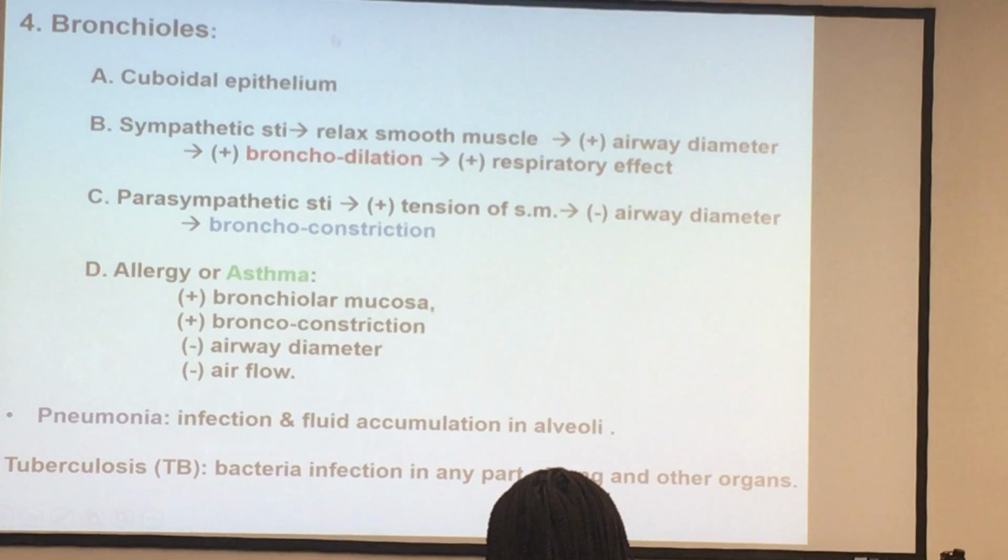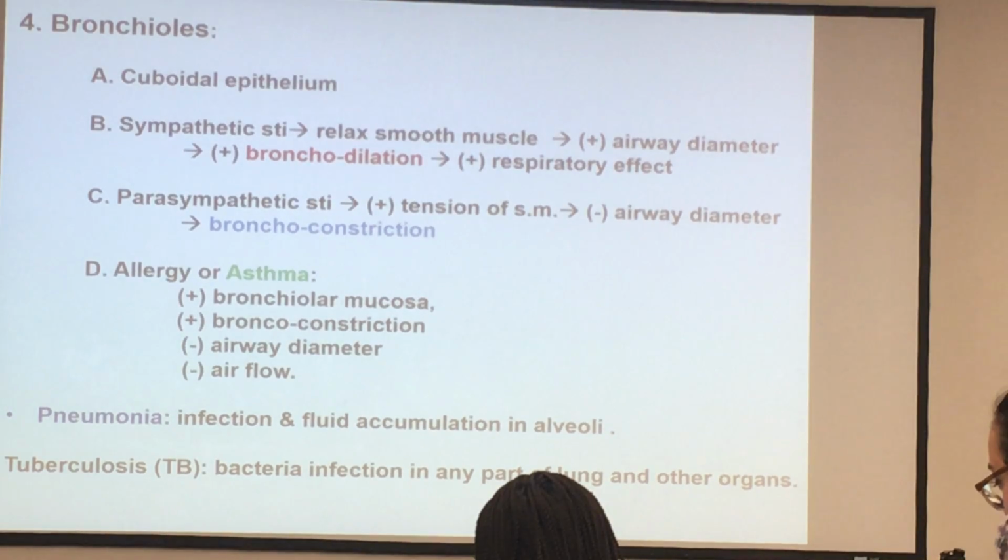We call it bronchodilation. It widens the airway and increases respiratory effort and more oxygen. Parasympathetic is just the opposite. It increases the tension of smooth muscle and decreases the diameter, and we call it bronchoconstriction.